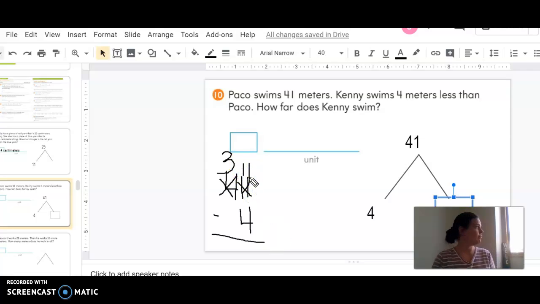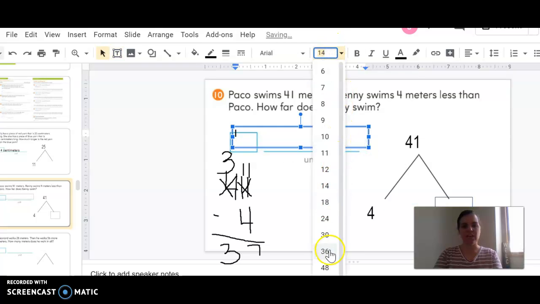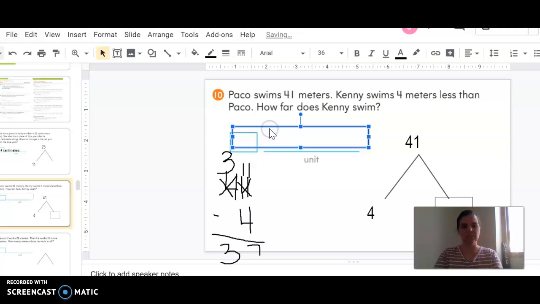So now 11 minus 4. 4, 5, 6, 7, 8, 9, 10, 11, 7. And 3 minus 0 is 3. So what's my answer? How long does Kenny swim? Yep, he swims 37 meters.